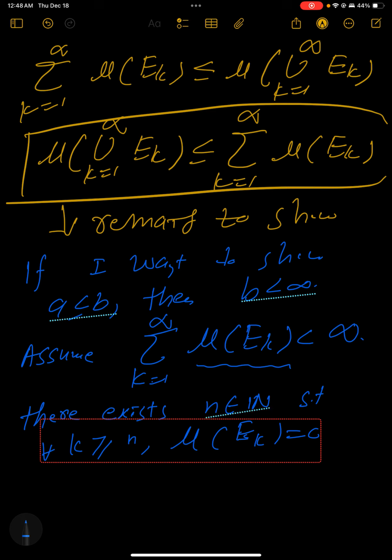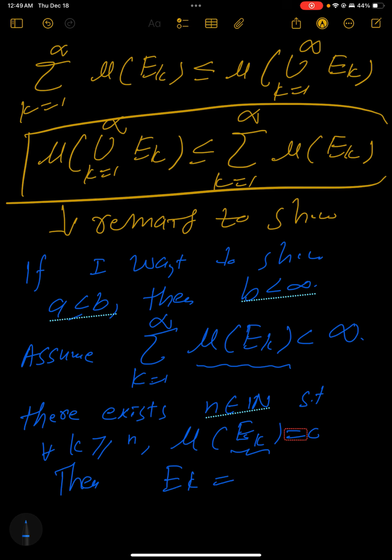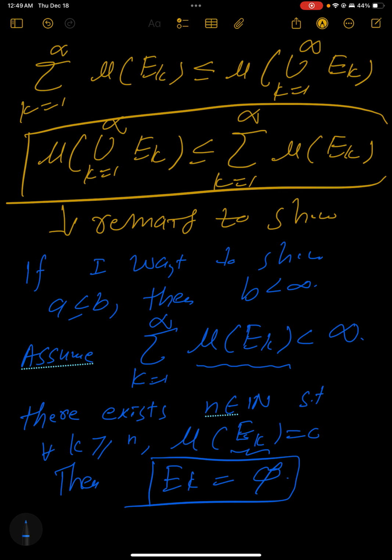Now if the measure of E_k is equal to 0, what does it mean? This means that E_k has nothing, so E_k is the empty set. Because the measure of E_k is 0 for all k greater than n, what can we say about the measure of the union of E_k, k equals 1 up to infinity?